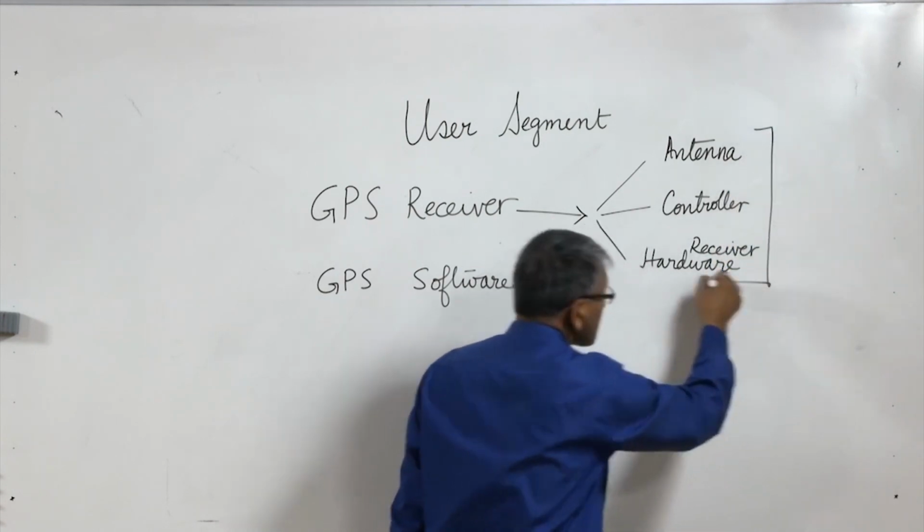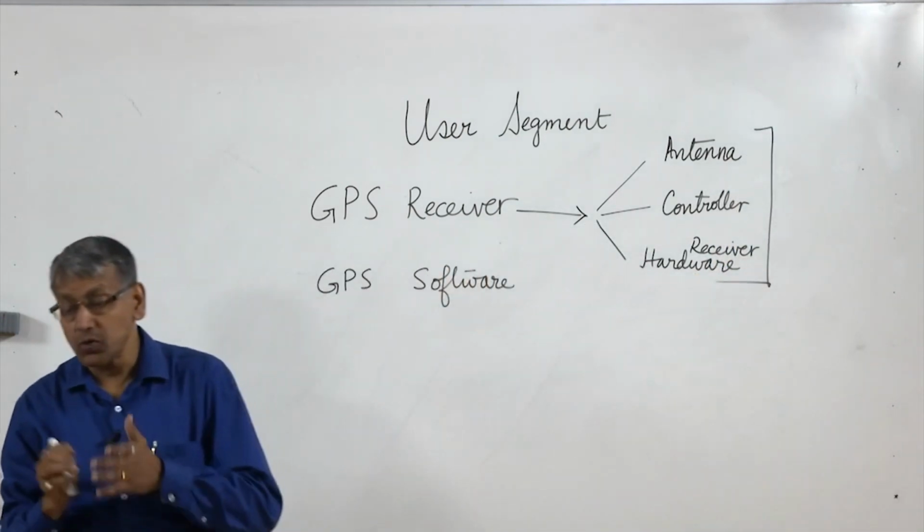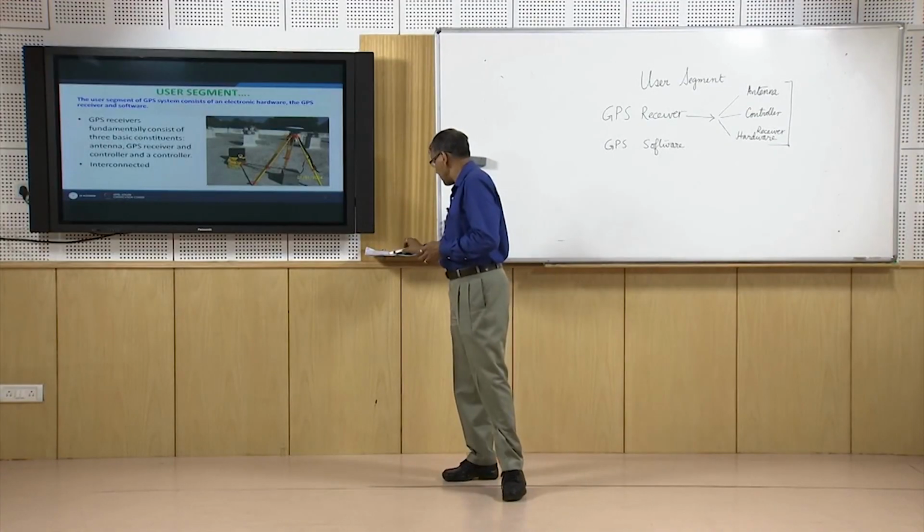These three components constitute a GPS receiver.